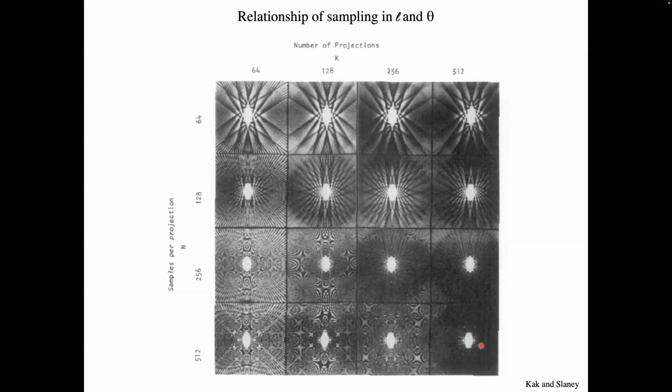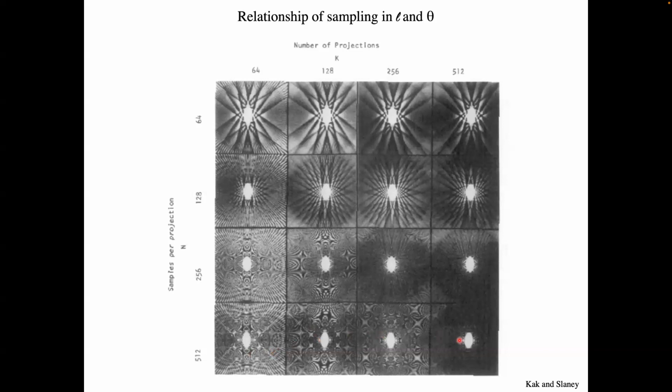As we reduce the number of projections, we start getting these very odd looking patterns that analytically we can derive for this simple object, right? And these patterns obviously aren't in the object. They are the interference of all these side bands in the point spread function that are interfering.